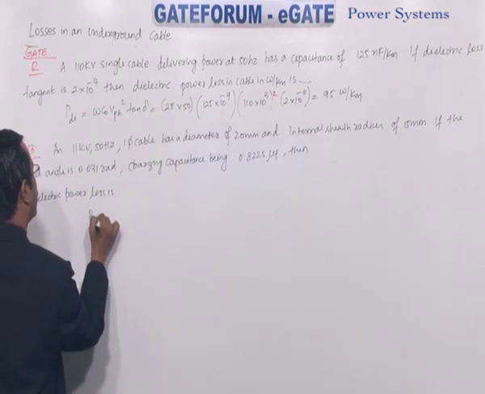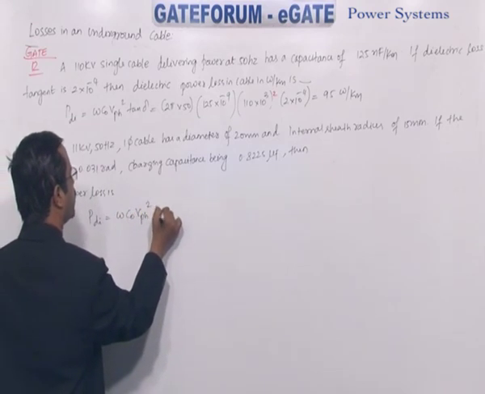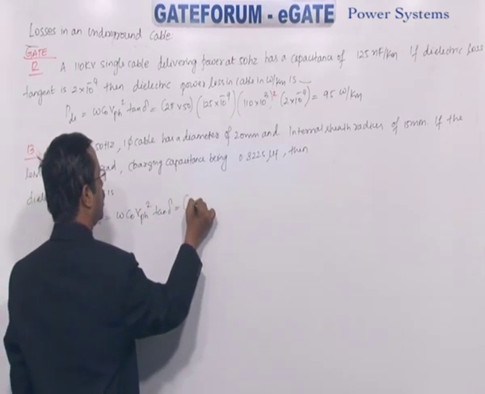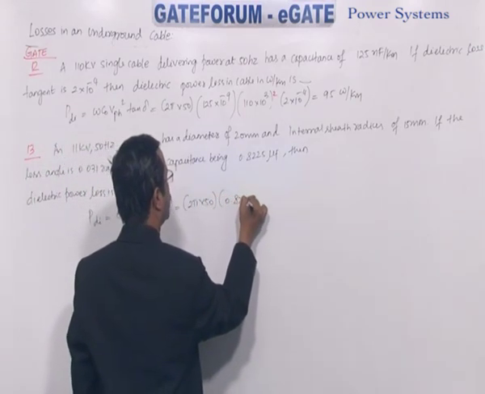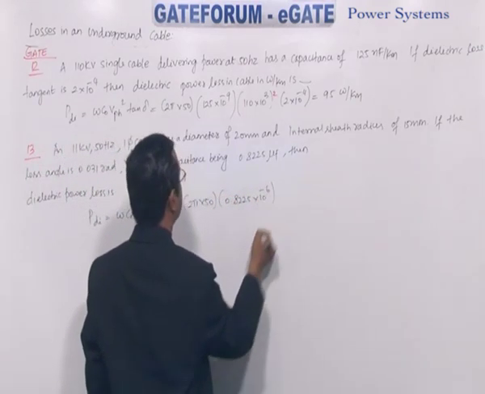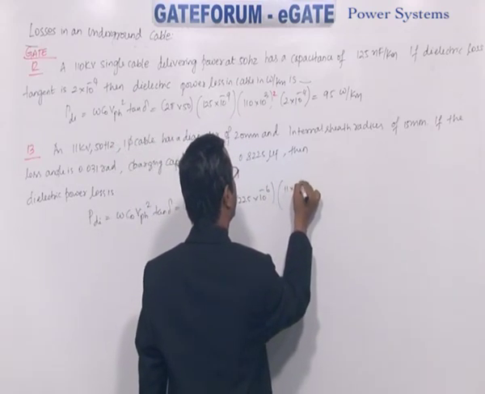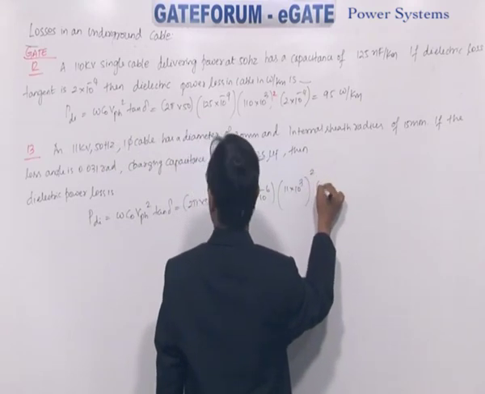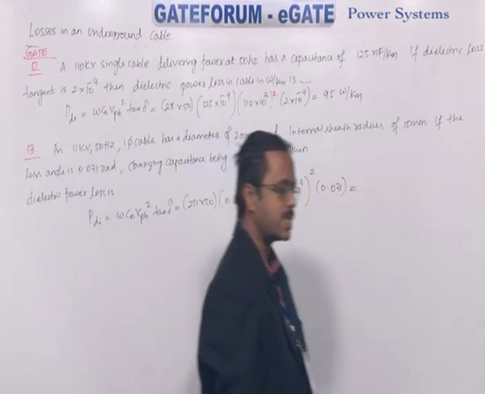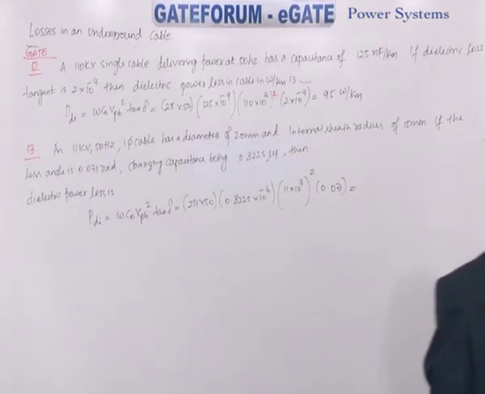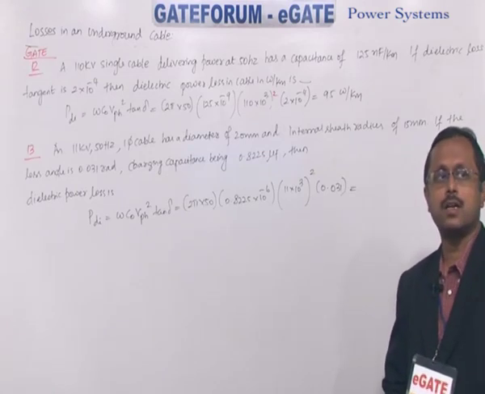So what is the formula for dielectric power loss? Omega C naught V phase square tan delta. Omega is 2 pi f, C naught is 0.8225 microfarads, V phase is 11 kV, and tan delta is 0.031. So you have to calculate these and find the dielectric power loss here.